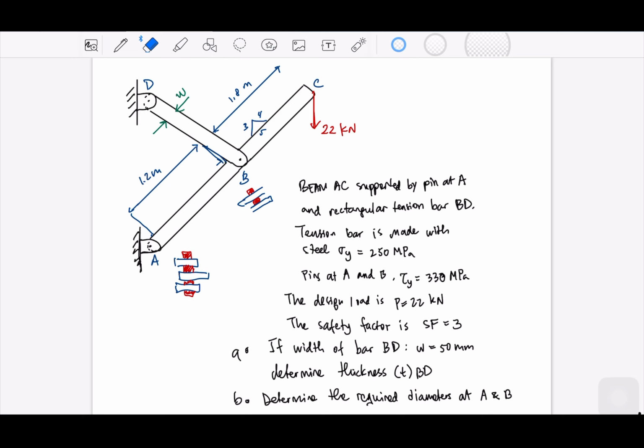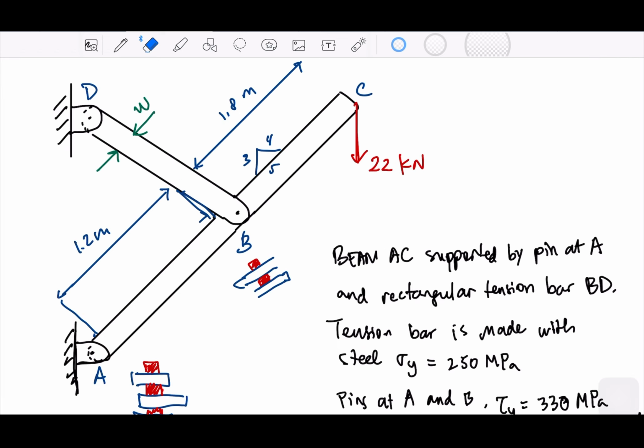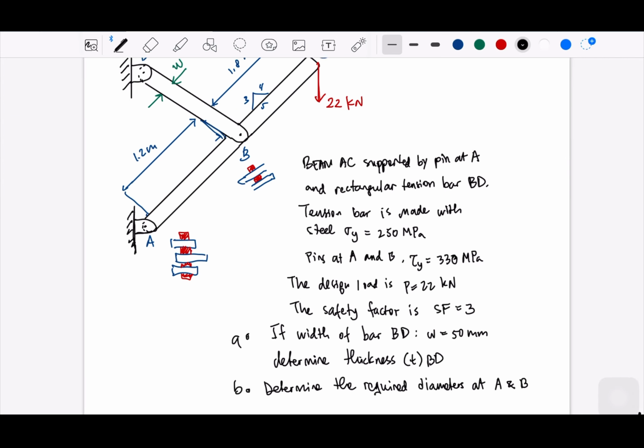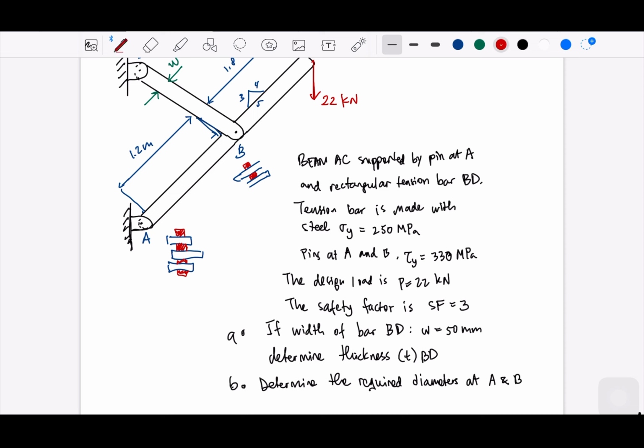BD is rectangular. Rectangular tension bar.